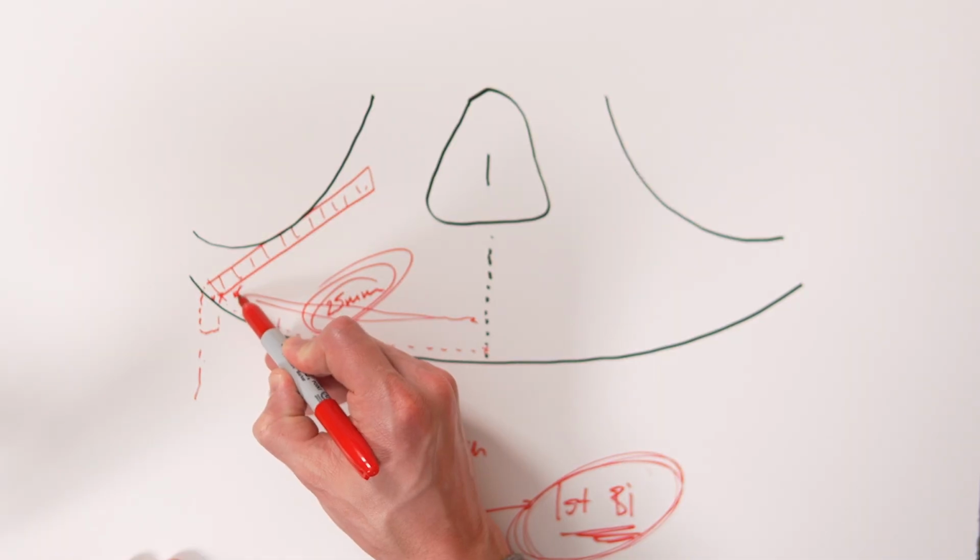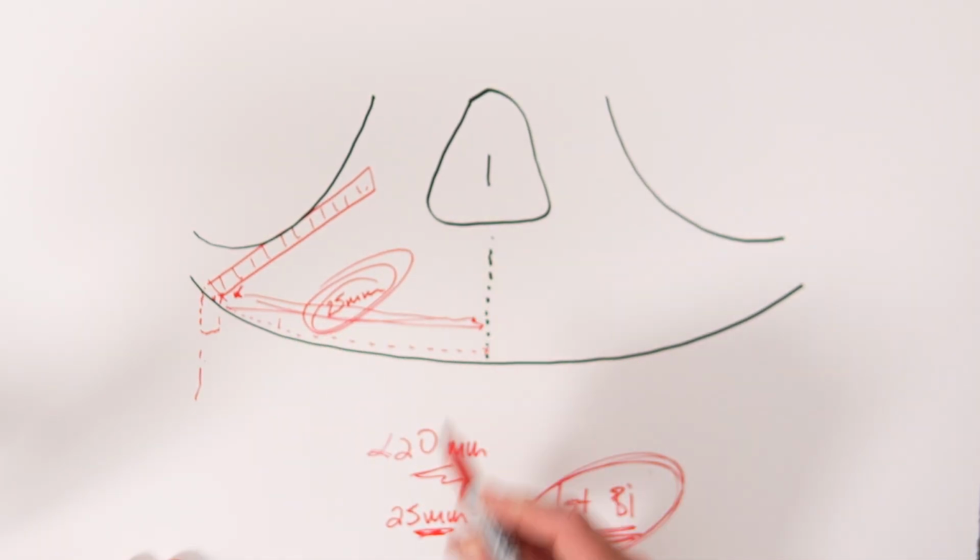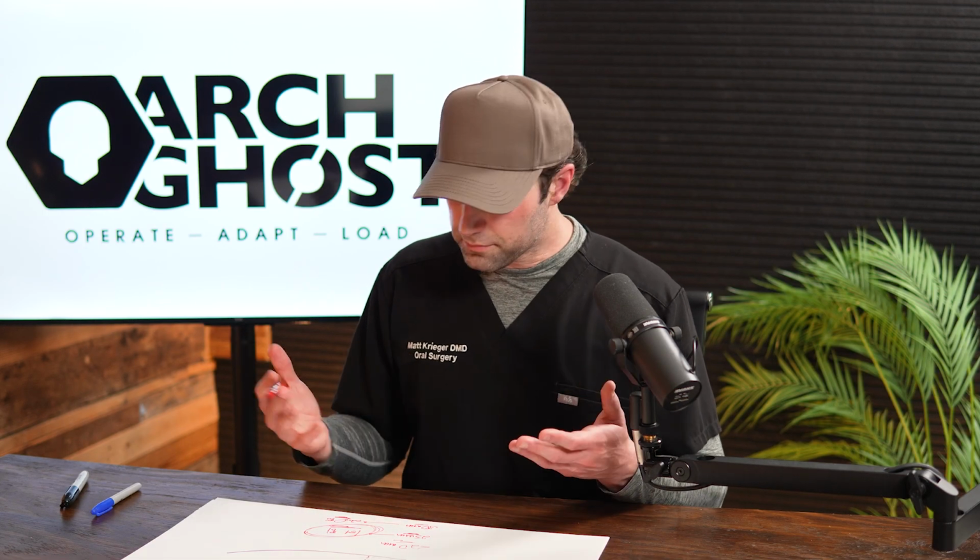Now, when this distance from here to that midline is around 30 millimeters-ish, okay? That's typically second bi or sometimes even better, all right? So there you're golden, right, in my opinion. If you can get back to that second bicuspid position for a first molar prosthetic, you don't need an additional implant posterior to that.